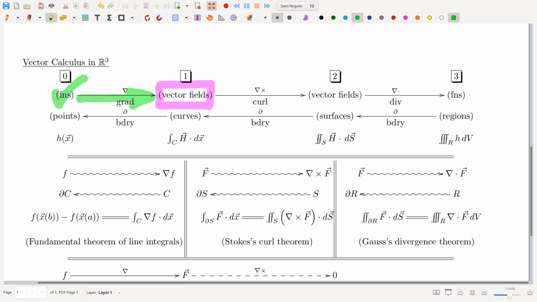Gradient fields are special. By the way, another way to say it, a gradient field is a vector field that has an anti-gradient, right? In other words, where you can go backwards through the gradient arrow to get a function whose gradient is your original vector field.